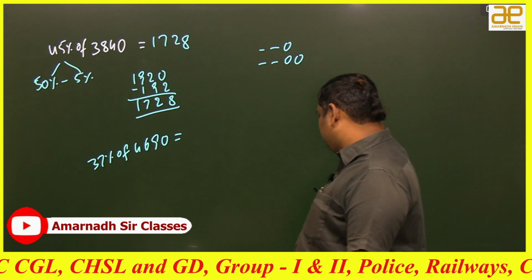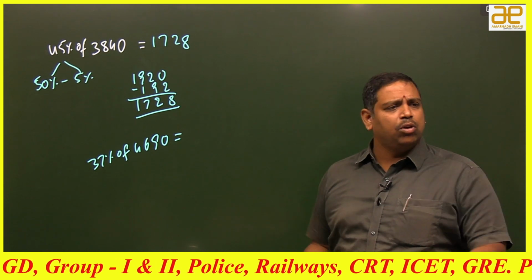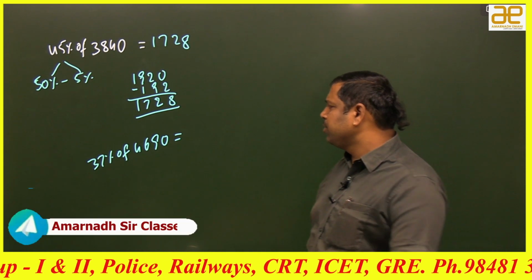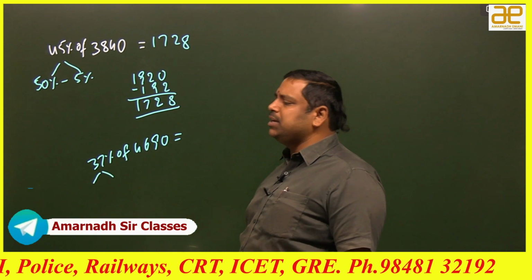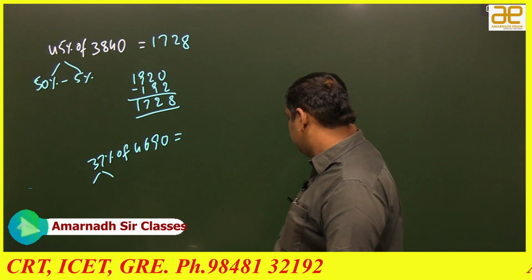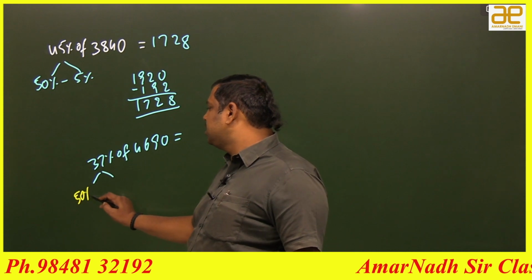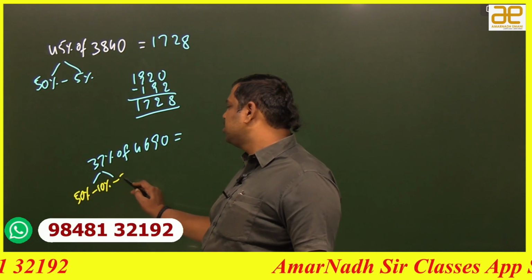But anyhow, since I have practiced 10%, 50%, it's not a big deal for me. We can do it. So 37% you can work out based on your comfort in different ways. Number one is 50% minus 10% minus 3%.